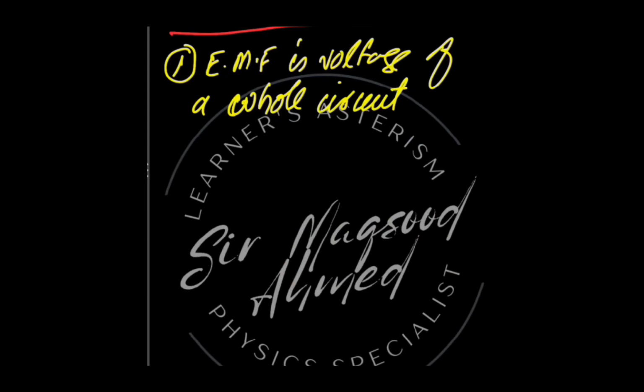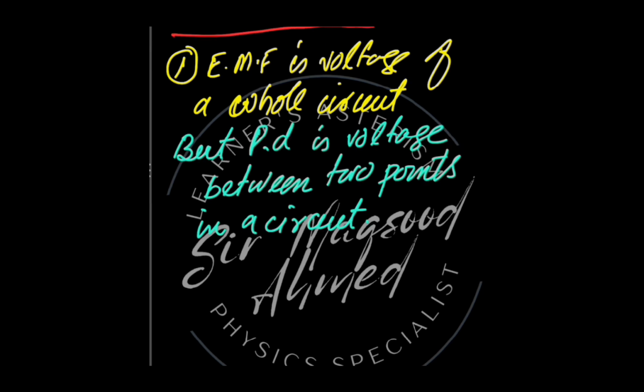Dear students, now we will discuss the differences between the EMF and potential difference PD. Number 1, EMF is the voltage of a whole circuit, but the potential difference or PD is the voltage between 2 points in a circuit.